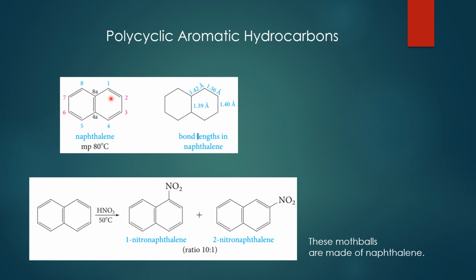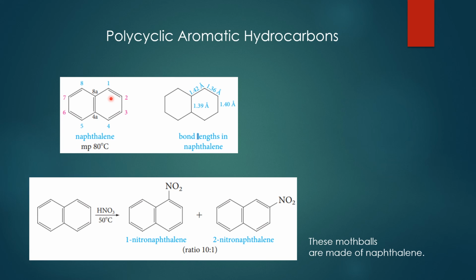Although it has two six-membered rings, naphthalene has a resonance energy somewhat less than twice that of benzene, about 60 kilocalories. Because of its symmetry, naphthalene has three sets of equivalent carbon atoms.